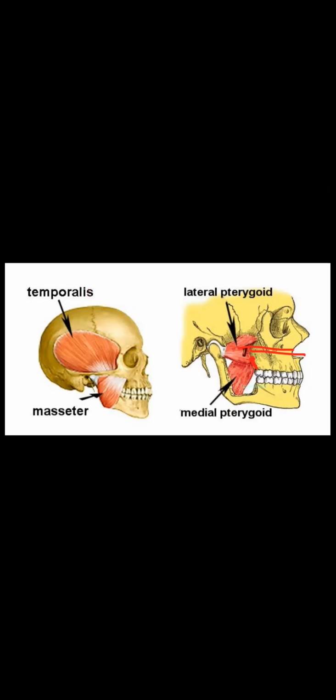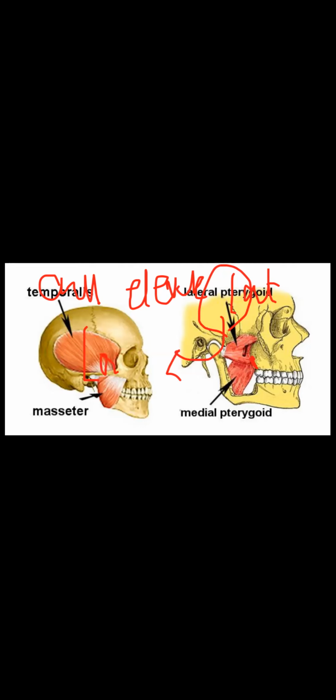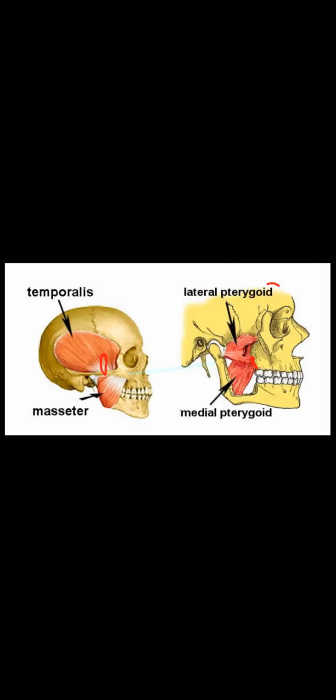Then how to keep the action of muscles of mastication. All muscles of mastication cause elevation of the mandible, except lateral pterygoid, which causes lowering of the mandible.